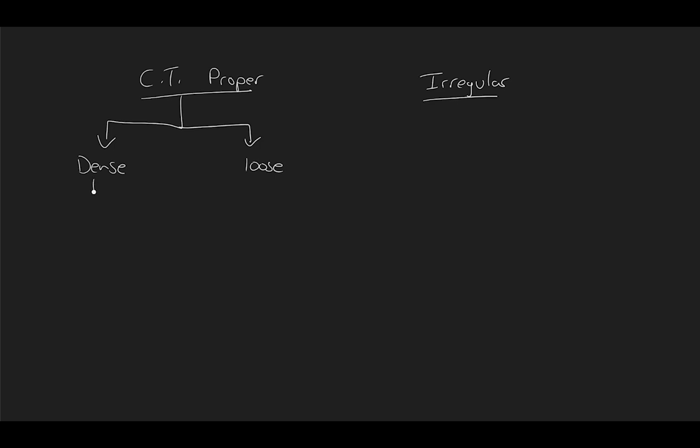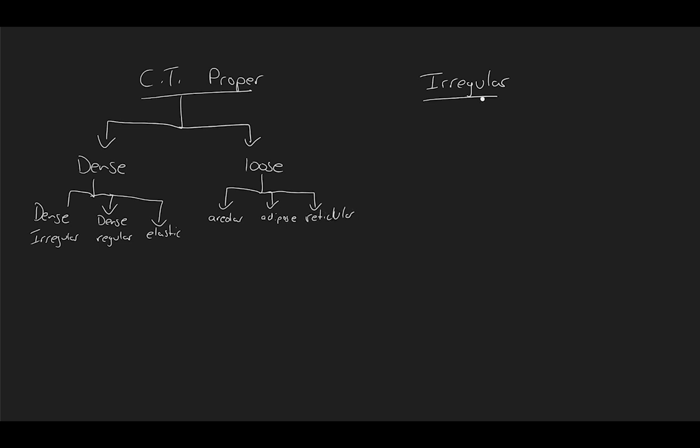Okay, under dense, we have dense irregular, dense regular, and another one called elastic connective tissue. Under loose, you have areolar connective tissue, you have adipose tissue, and you have reticular connective tissue.